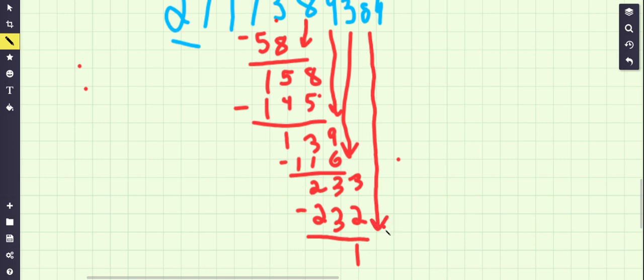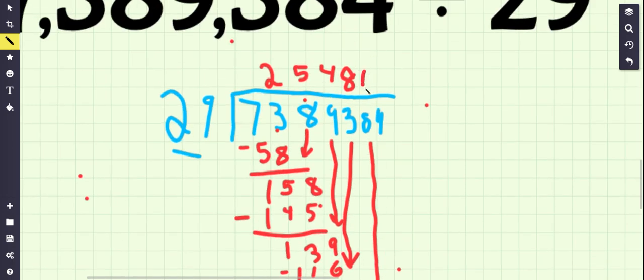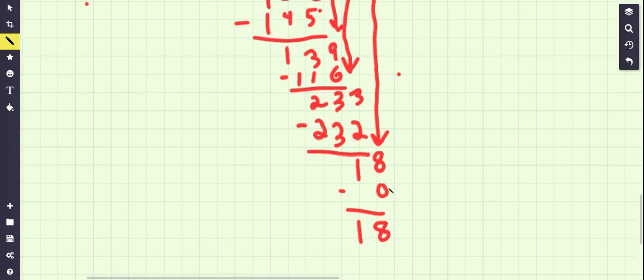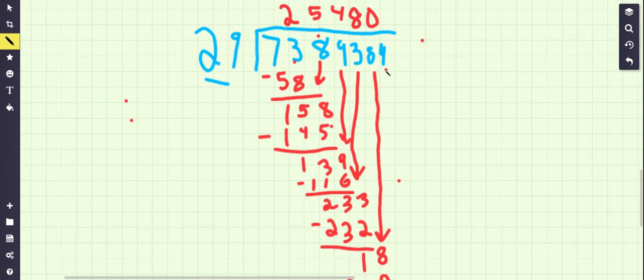If the number can't fit, bring down and place a whole 0 over here to indicate 0. Subtract 0 here, and then 18. Now I'm going to bring down the last digit 4.